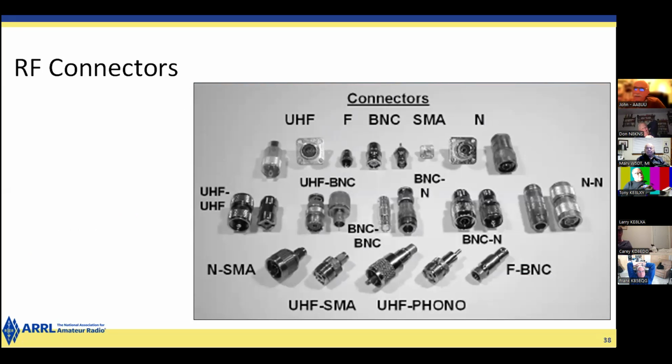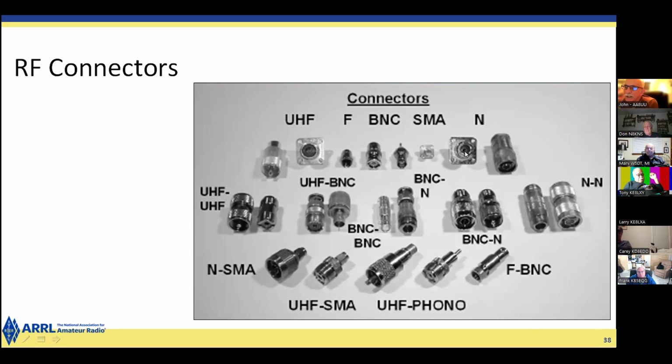Here are some RF connectors. The famous UHF or PL259, they're on the corner there. The F connector, which came out of the TV systems. BNC and N. Oh, SMA, that's what they're saying.